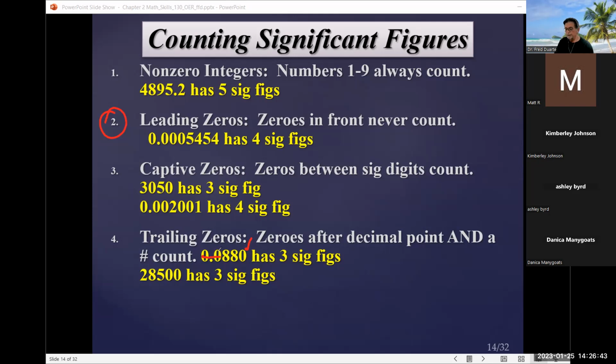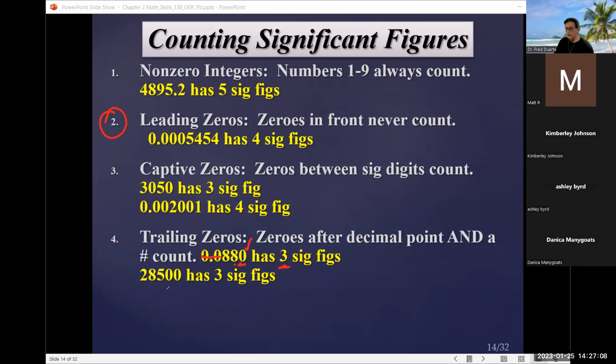However, if there is a decimal point and an integer, then they do count. The last zero is after an integer, and there is a decimal point in that number. So that 0 does count, and we have 3 sig figs.